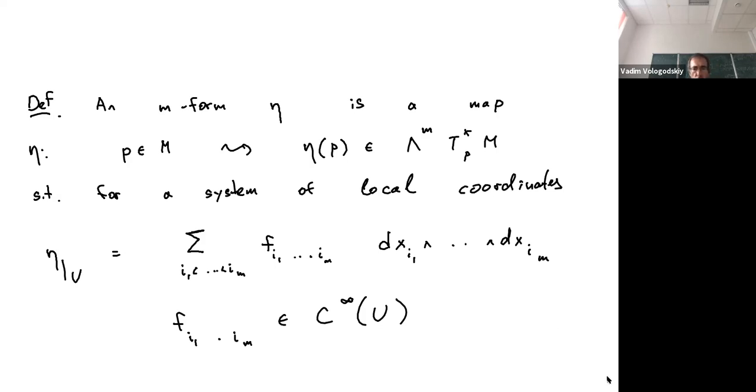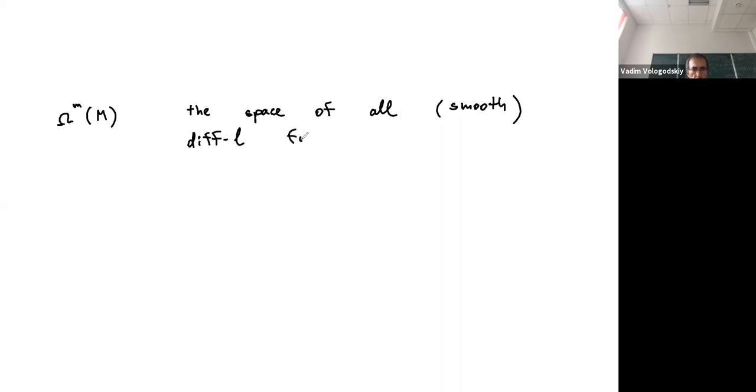Before I give you some examples, let's introduce some notation. I will denote by Omega m the space of all smooth differential forms of degree m.